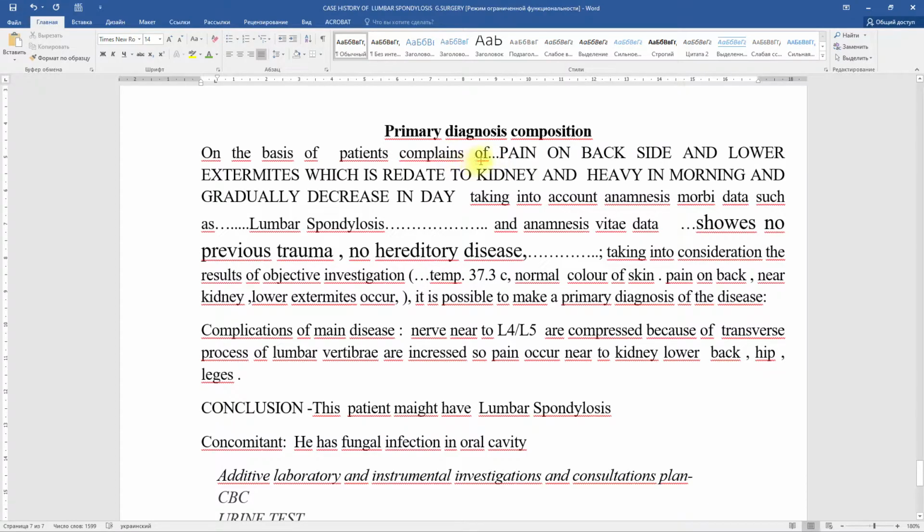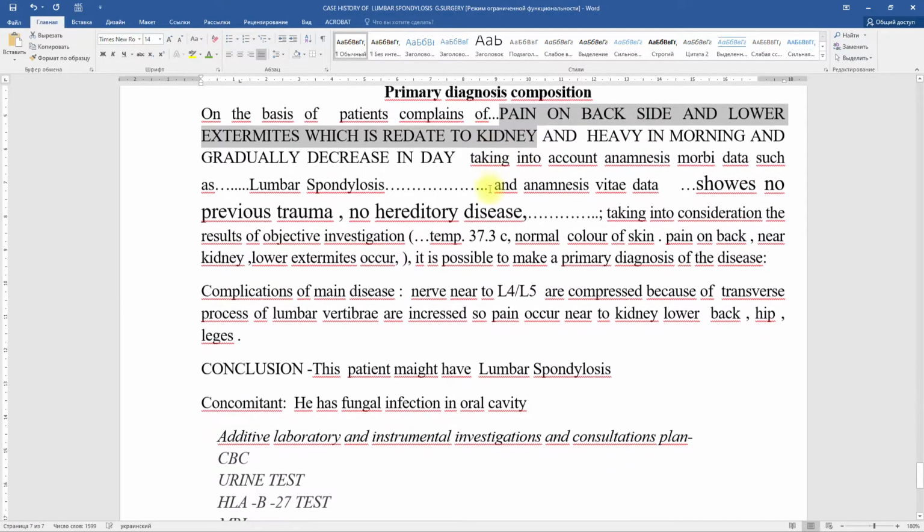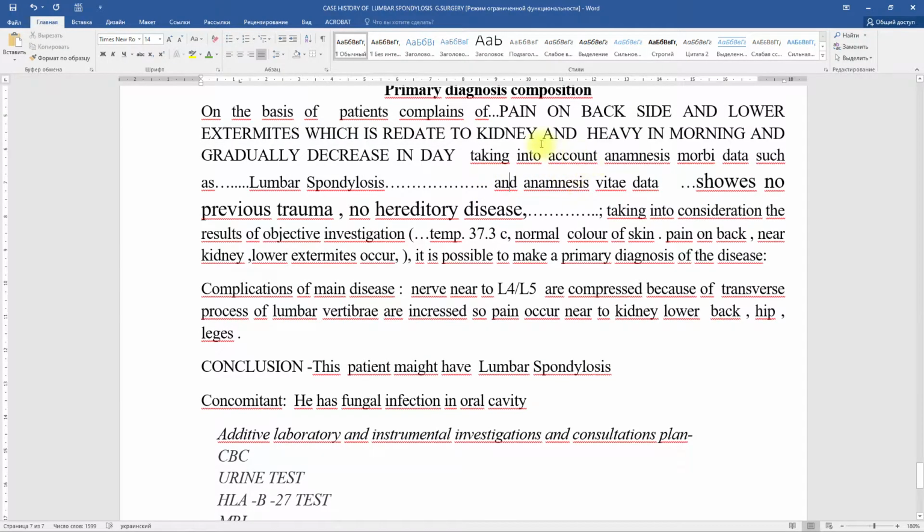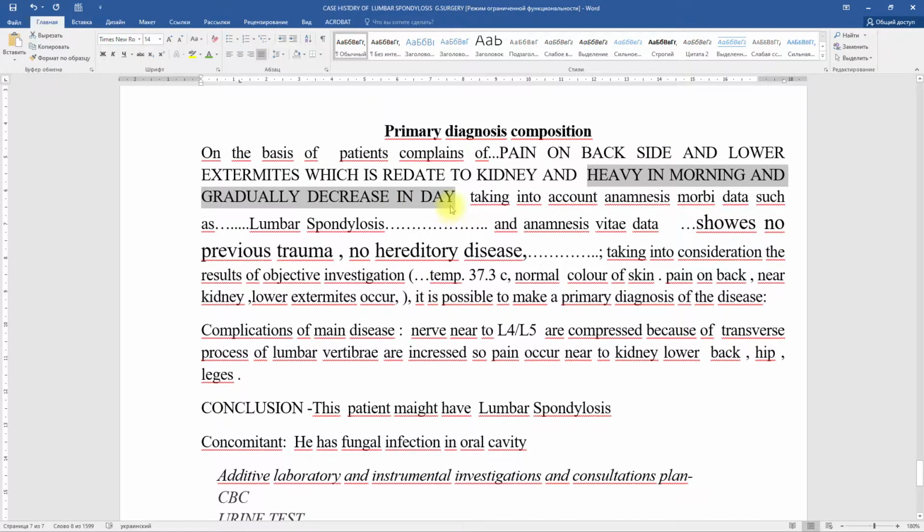On the basis of complaints, yes, here you describe once again the complaints. This sign, that the pain is heavy in the morning and gradually decreases in daytime, occurs first in here.